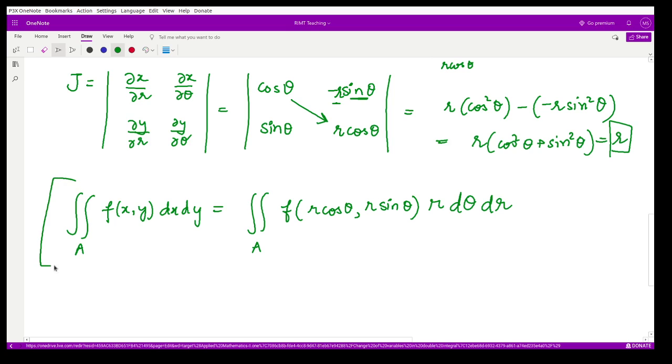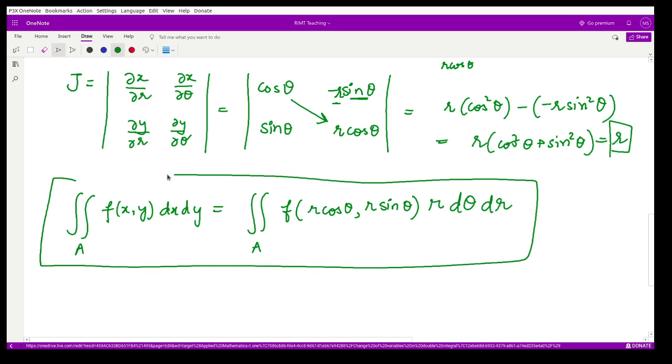So this is the relationship when you are shifting from the Cartesian system to the corresponding polar system, or the polar coordinates.